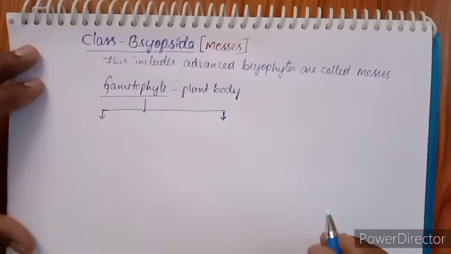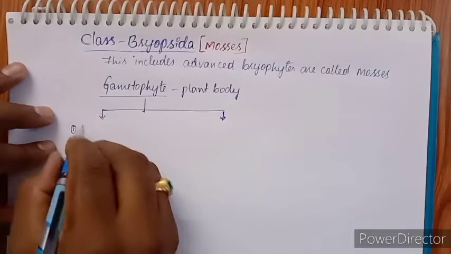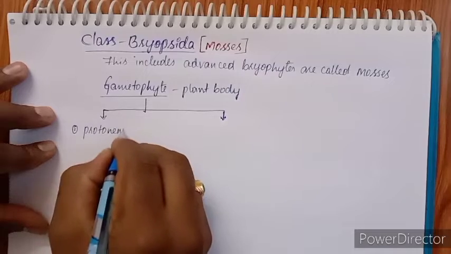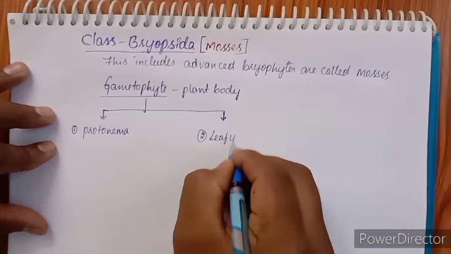What are the two stages here? The first one is the protonema, and the second one is the leafy stage.